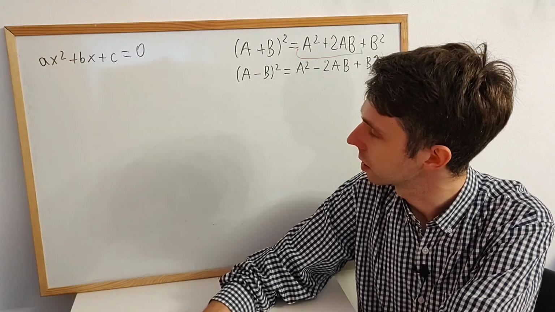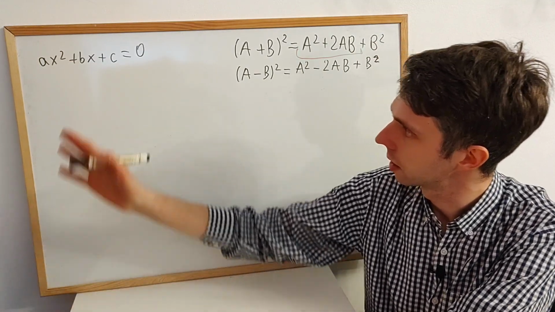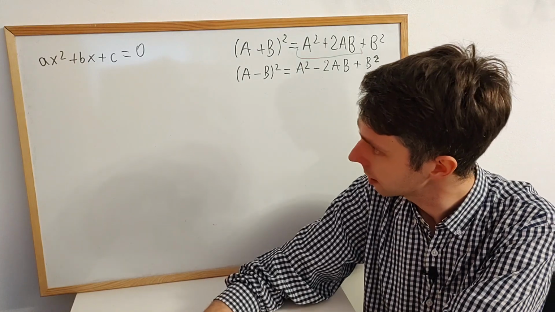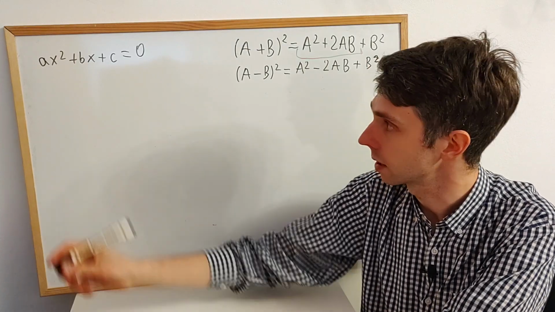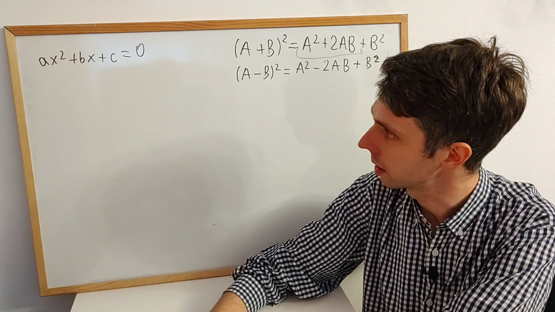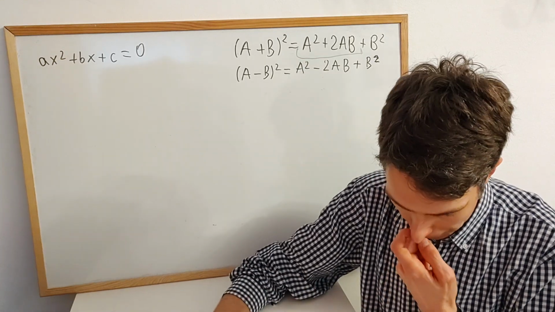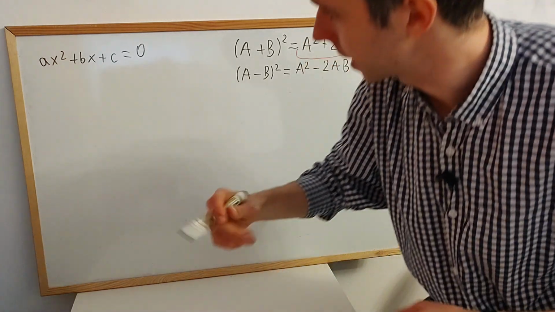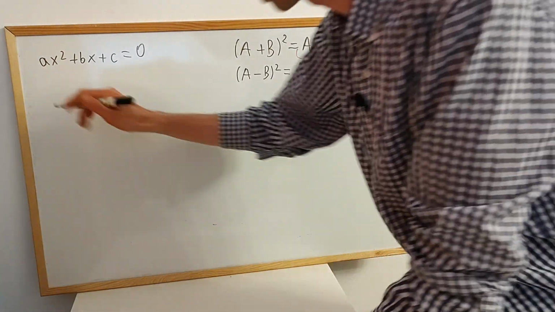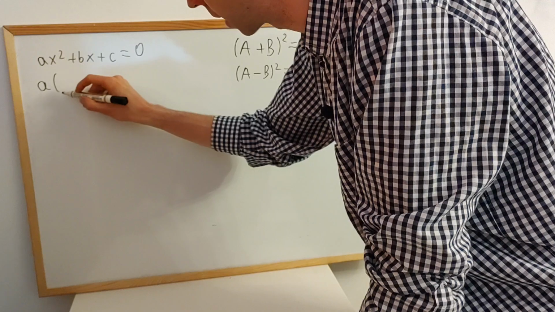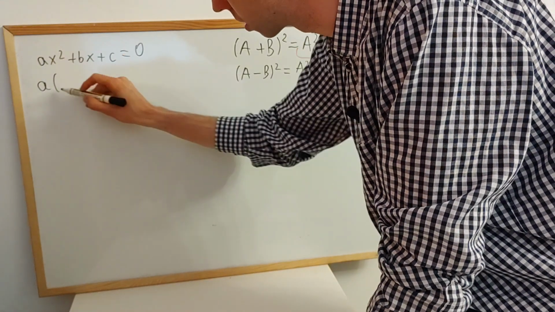Okay, so I will show this to you on the general case of the quadratic equation. So ax squared plus bx plus c equals 0. I will start by taking a out of the bracket from the first two terms.